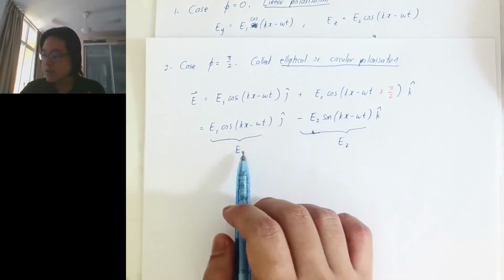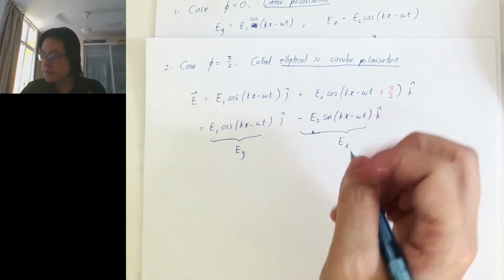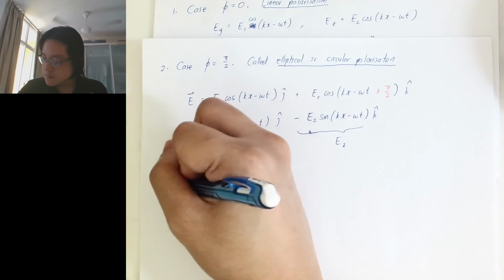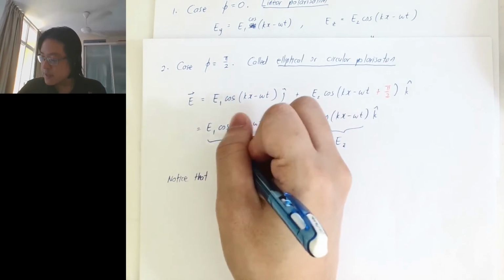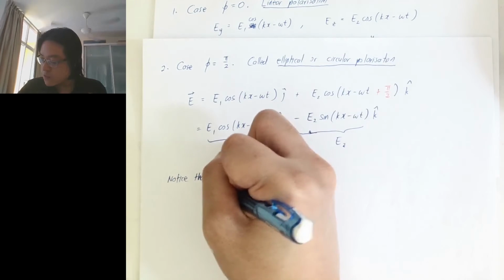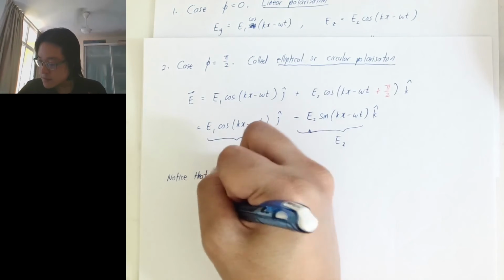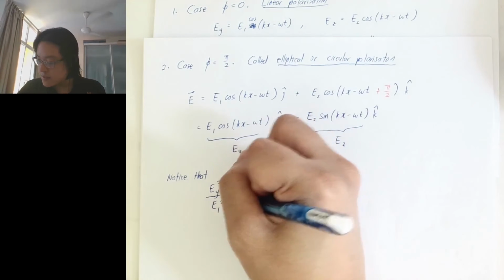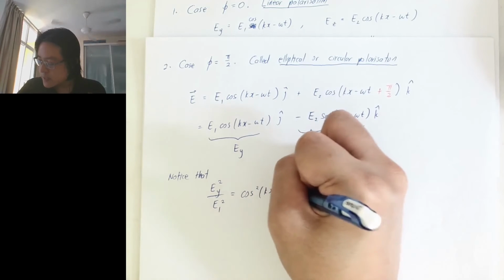So notice that what is the y component and what is the z component? Well, we observe that if I take EY square, I will get this thing square. So if I divide by E1, I will get cosine square. So this thing square is just cos square (kx minus omega t).